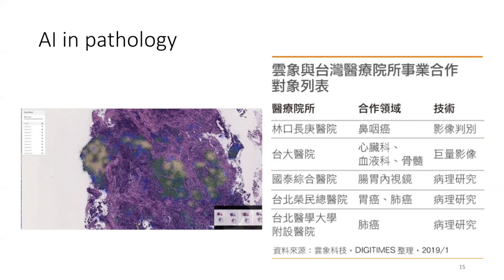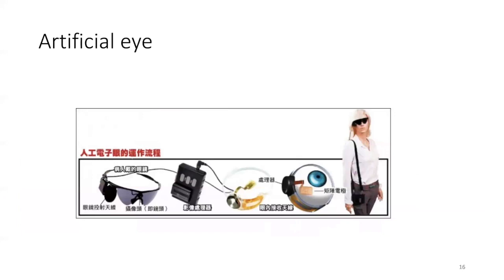Another important thing is the artificial human eye. Some patients have problems with their eyeball, so they cannot observe the world and deliver the signal to the brain.